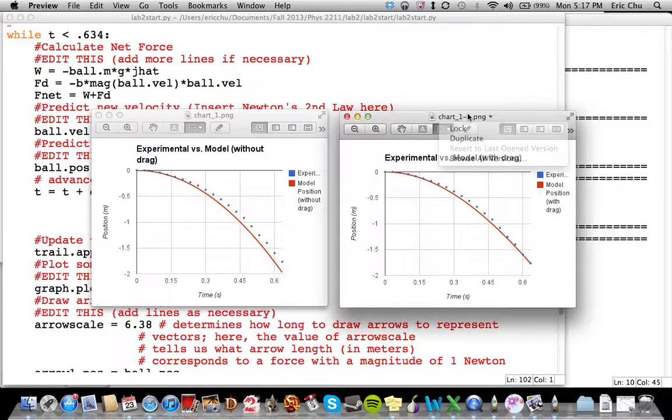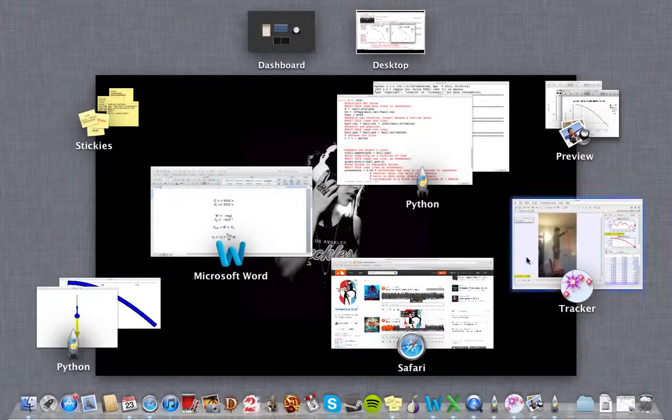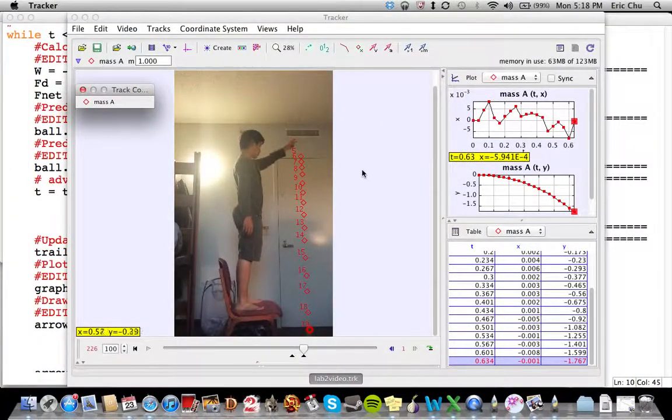But we see here that my model with drag force predicts it a lot better. The initial points lie on the red line directly. We see a little bit of deviation here, but then the points return to the line at the end of the time interval. And this deviation could be caused by me not putting the points in correctly, because the ball was a little blurry at times.